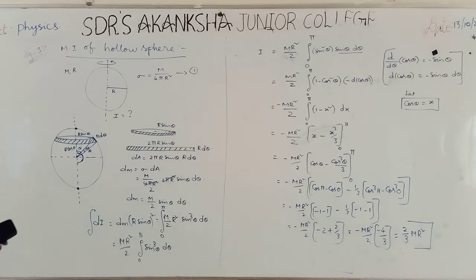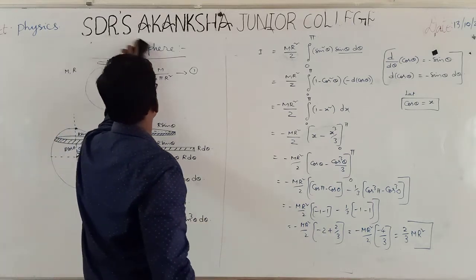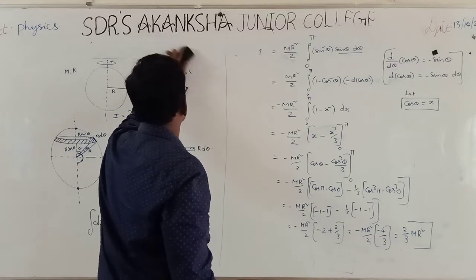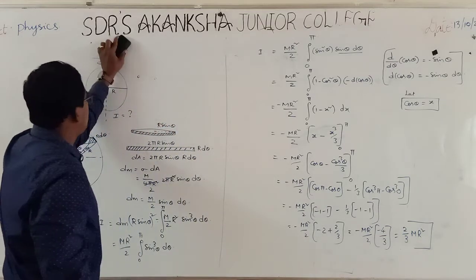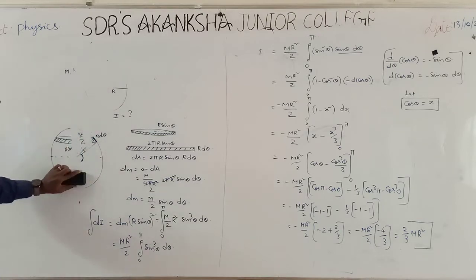Now let's see the moment of inertia for the next body. That is example 4. The next body I am considering is a solid sphere.